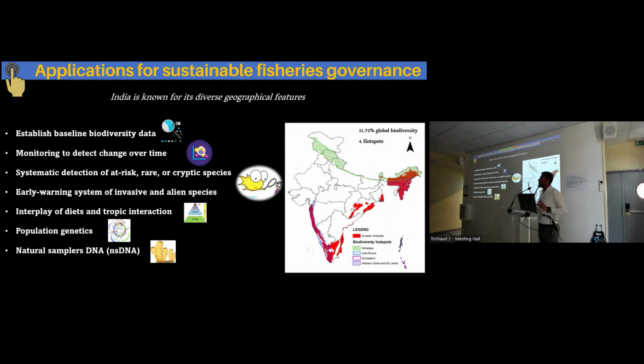With natural samplers like sponges, or artificial collectors, we can get signals of the biodiversity. And the last point is aquaculture. As I said, there is a growing number of literature and applications in aquaculture and the seafood industries.